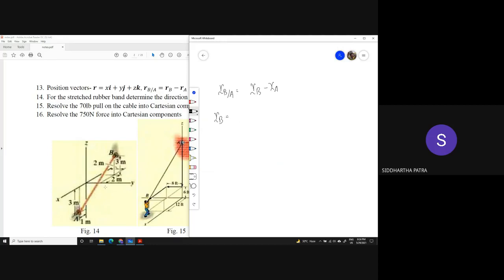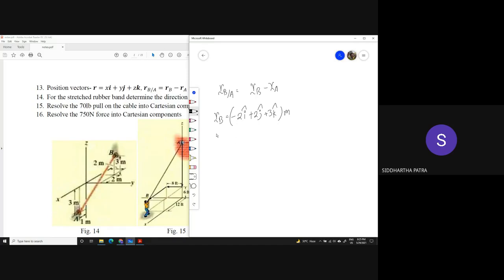As it seems to me, it is away by 2 meters from the YZ plane, so it is minus 2I. Then it is 2 meters away from the XZ plane, so plus 2J, and 3 meters above the XY plane, so plus 3K. And don't stop there, put the unit there.